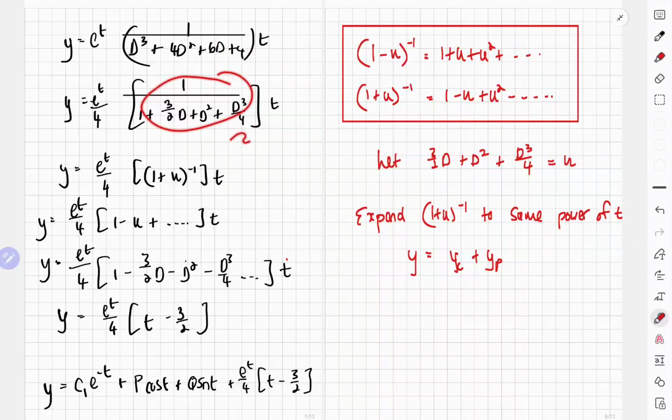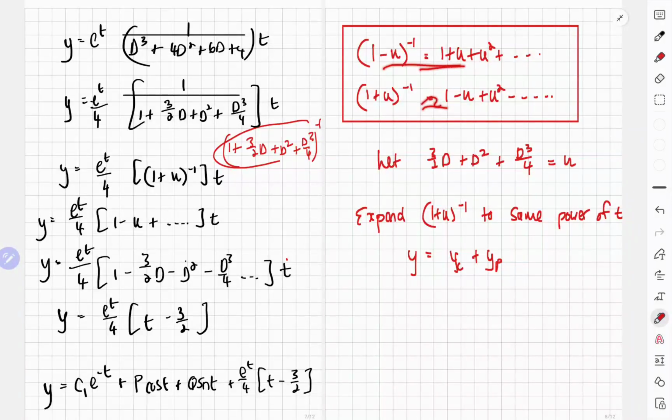So what do I see here? What I've just said, you have to use the binomial expansion, since that is 1 plus 3 over 2D plus D squared plus D cubed over 4 to the power of negative 1. And hence the reason why I need these, why I'm going to use one of these two, just to understand where I got that from.